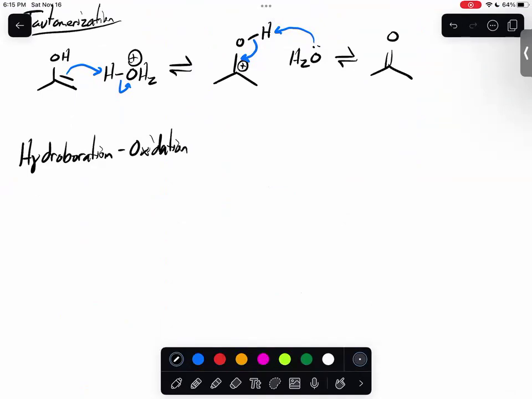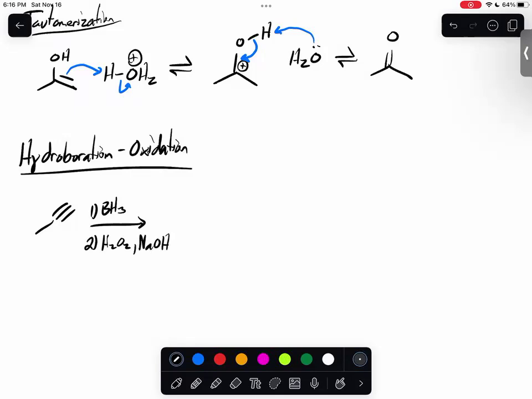But the difference here is that this one's actually the exact same as what we saw in the alkene reactions, right? And so what that's going to look like for us is that if our alkyne is subject to the exact same reaction conditions, BH3, and then that H2O2 and hydroxide, what we're actually going to see here is that we're going to end up making an aldehyde.